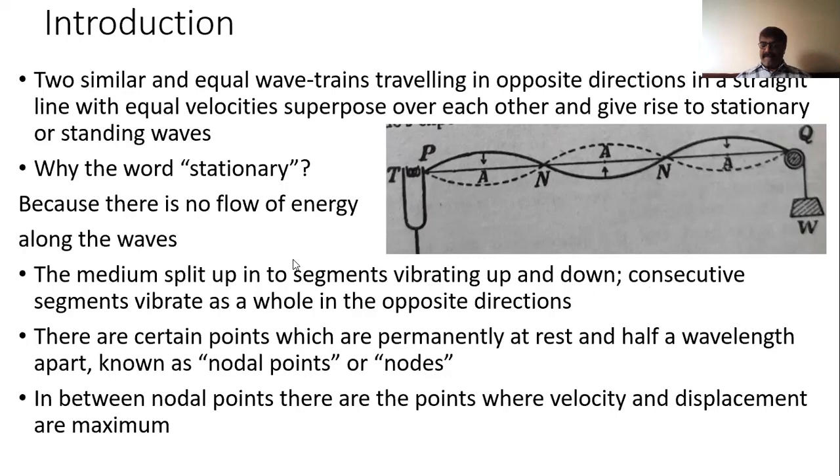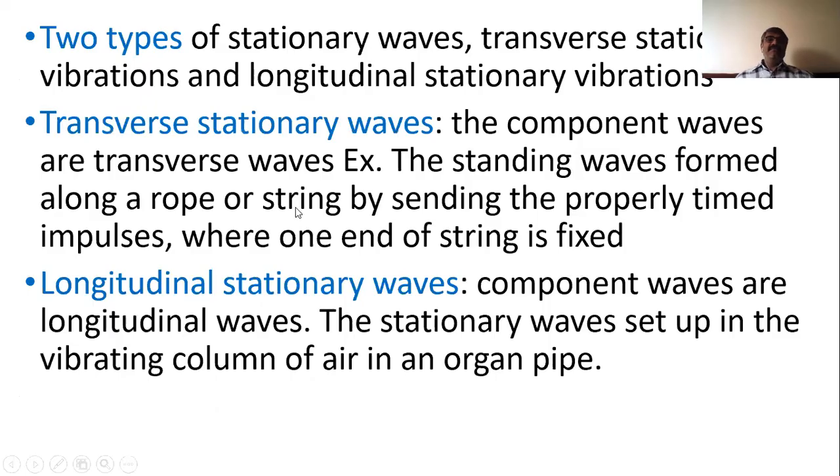Now, let us look at a few more characteristics. There are two types of stationary waves depending upon the component waves: transverse stationary vibrations and longitudinal stationary vibrations. As shown in this slide, if the component waves are transverse waves, the best example of which is light waves, where the whole wave is divided into alternate crests and troughs.